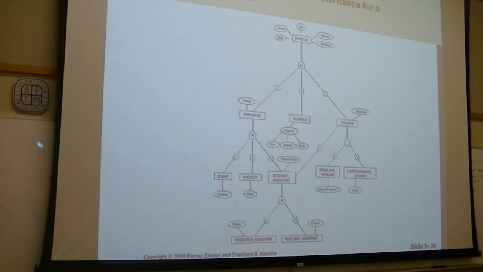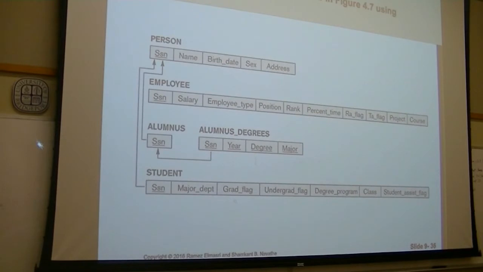What about this one? Student and student assistant. This is also a super and subclass relationship. Like the manager, if you remember the employee, the super and subclass. Manager is a super and subclass. So we need to take a look at which one.